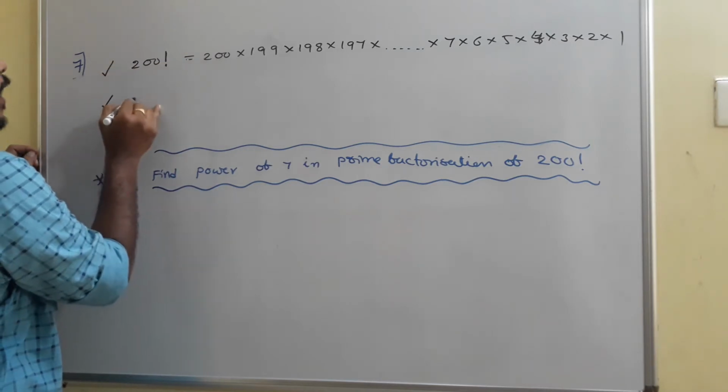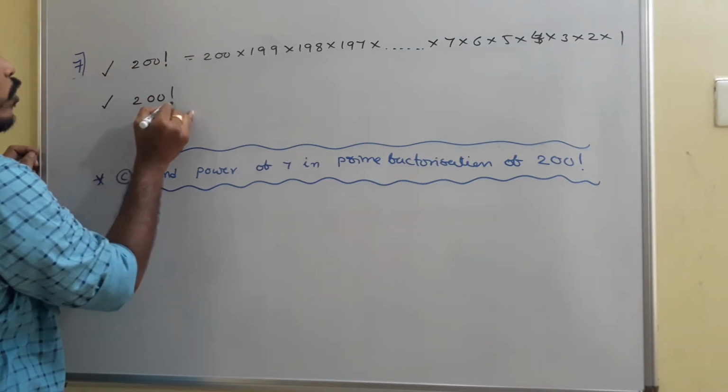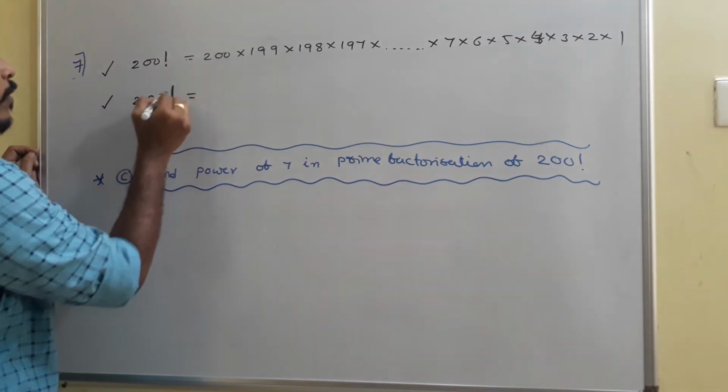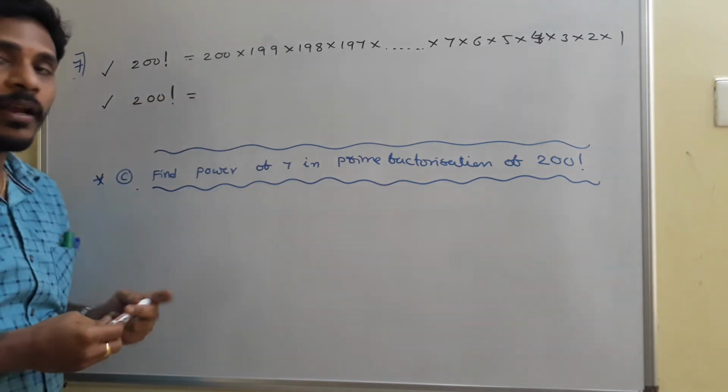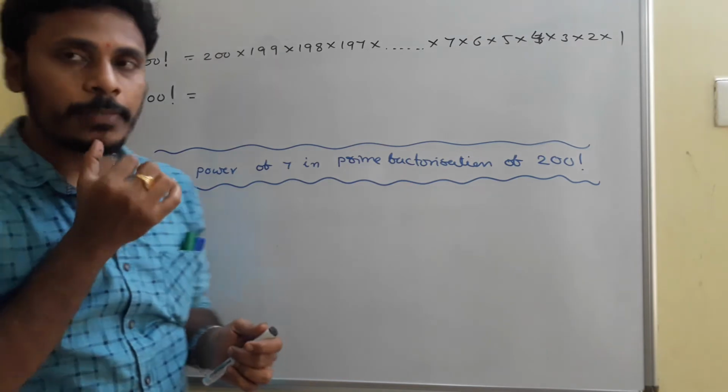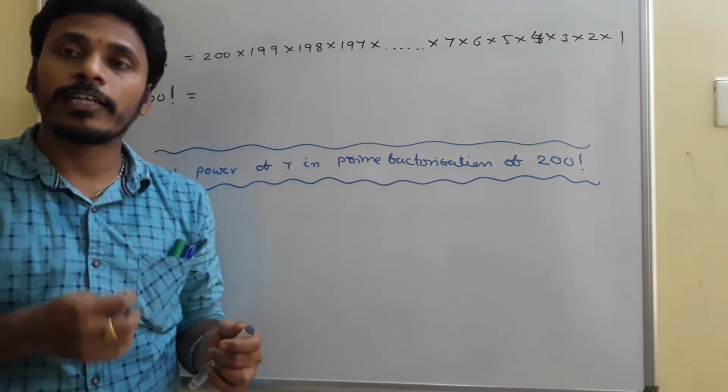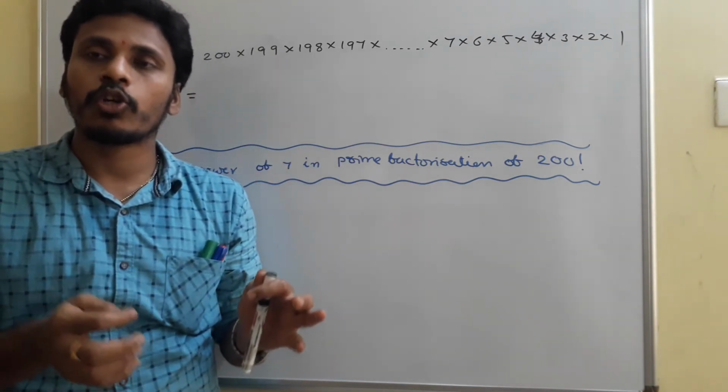After that we need to express this 200 factorial in prime factorization. Expressing a number in its prime factorization means we need to express that number as a product of primes.